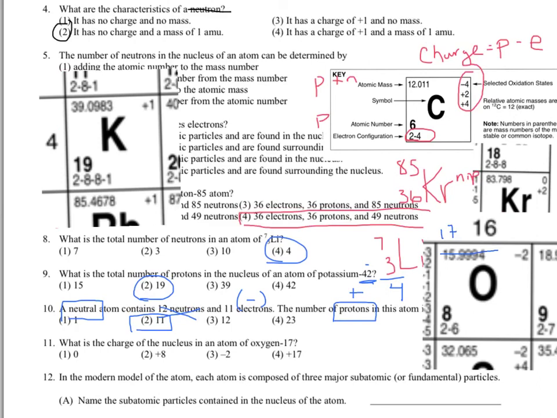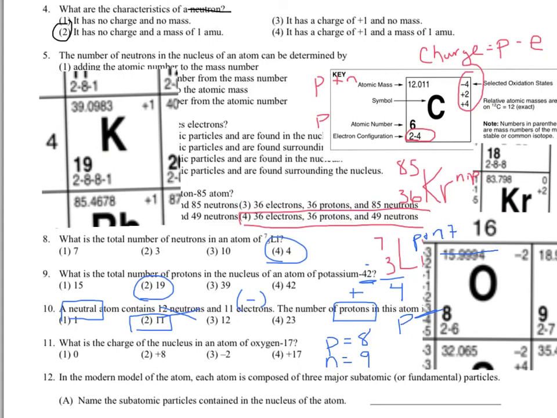So we know that the number of protons is 8, and 17 is going to be our number of protons and neutrons. And those are what are located inside of the nucleus, the protons and neutrons. So here I have 8 protons, and I have 17 minus 8, or 9 neutrons.